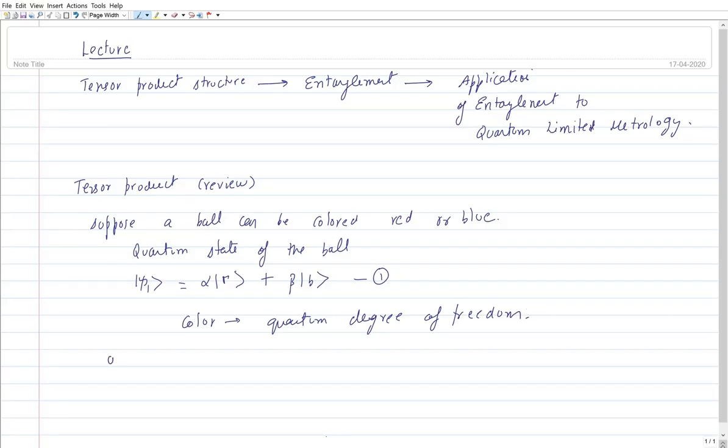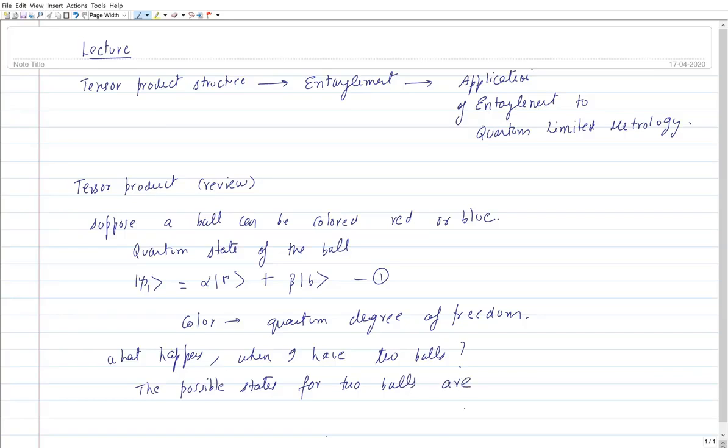Now, what happens when I have two balls? The possible states for two balls are, both balls can be red, blue. The first one can be red and the second one can be blue.